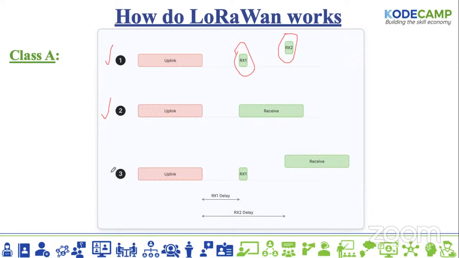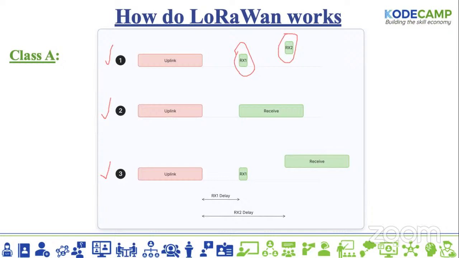Now case three says that the device opens both windows. It opens the first receive window, but does not receive a downlink. Therefore, it opens the second window and receives the downlink during the second window.